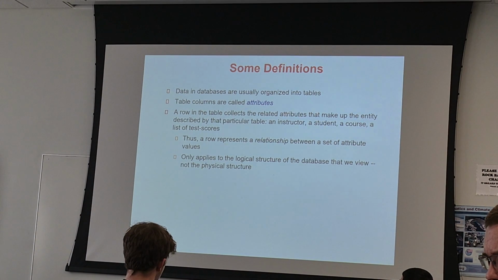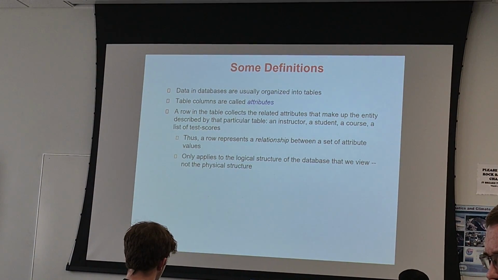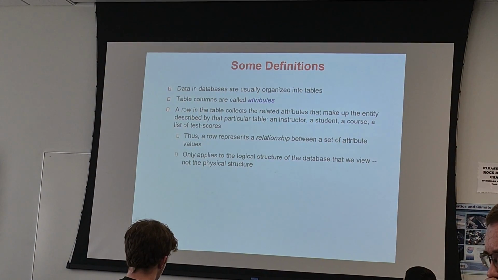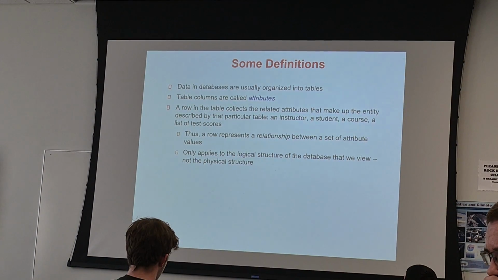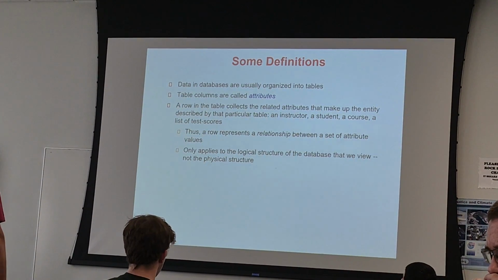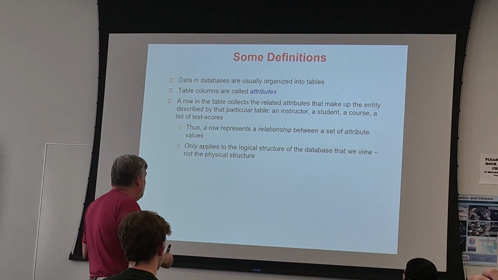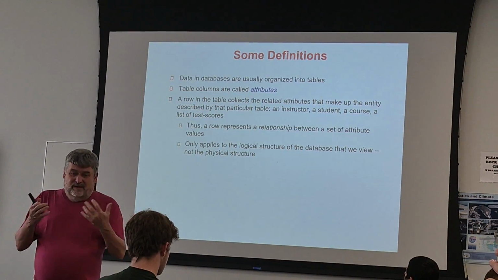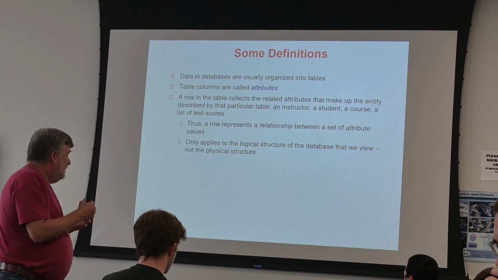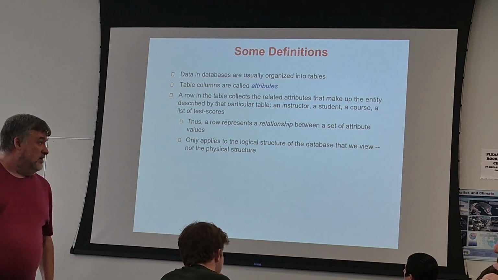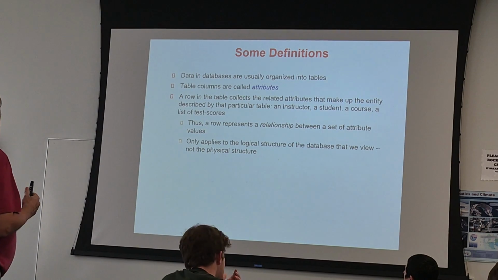I guess what I'm doing here with these definitions is I'm sort of building up to why we call this arrangement of data a relational database structure. Since the rows of these tables represent related items, that these items are related together in such a way that they describe a particular entity, those values.